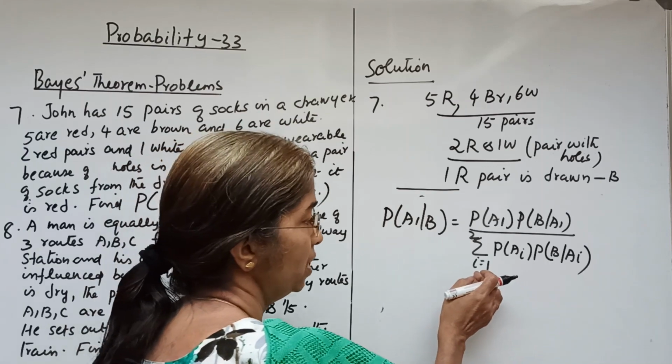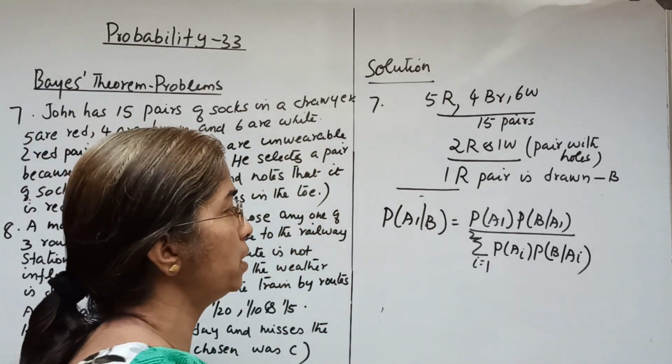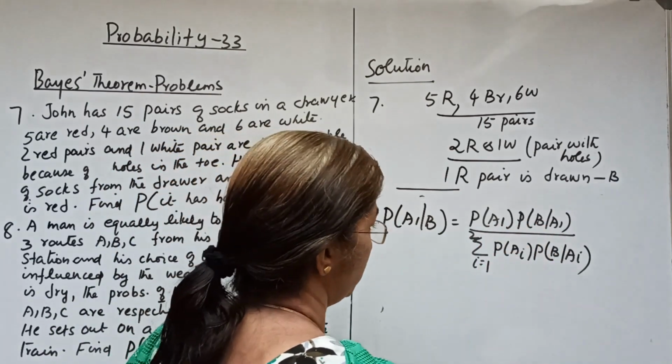Make it clear that the denominator is the sum of these probabilities, okay, and the numerator is the particular case.